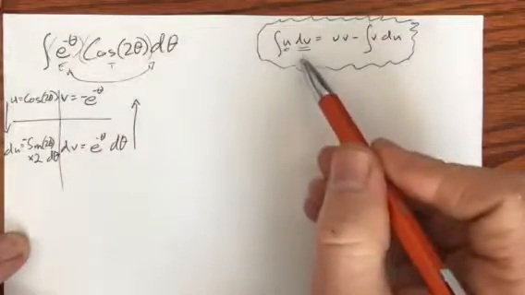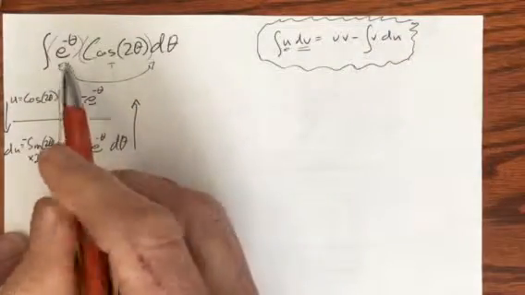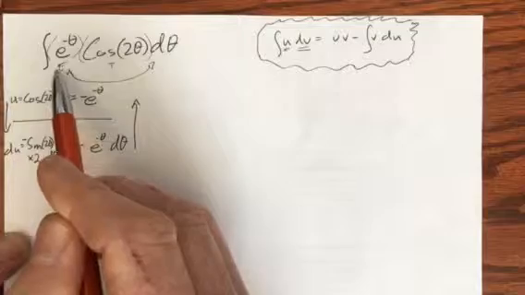Okay, now I can put it into this template, where this is my u part and this is my dv part.